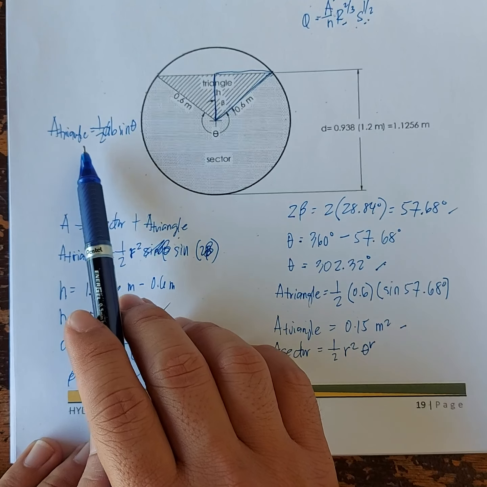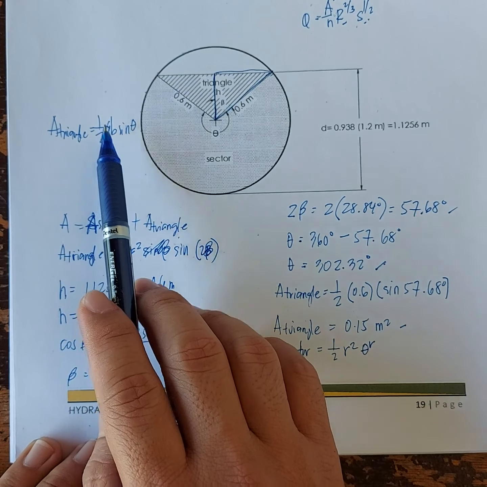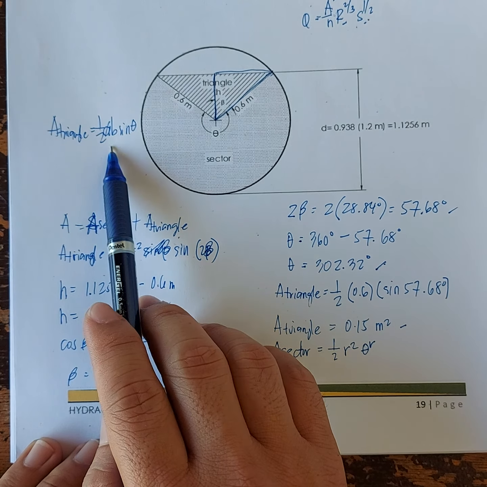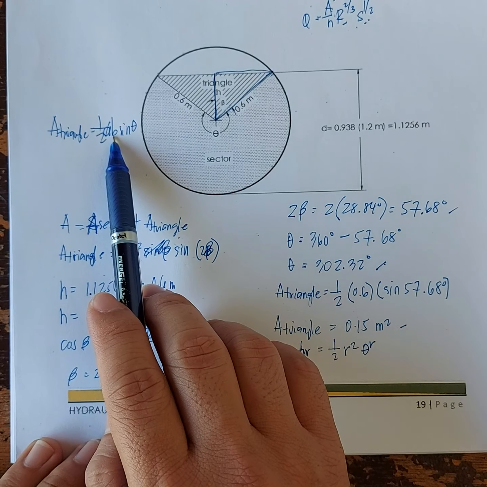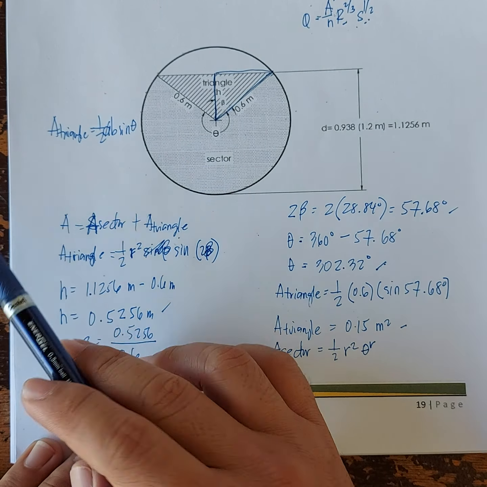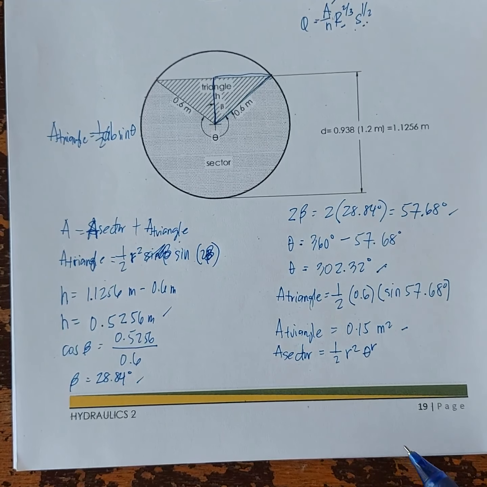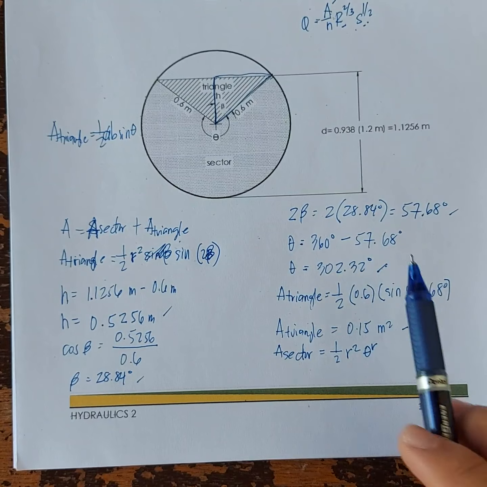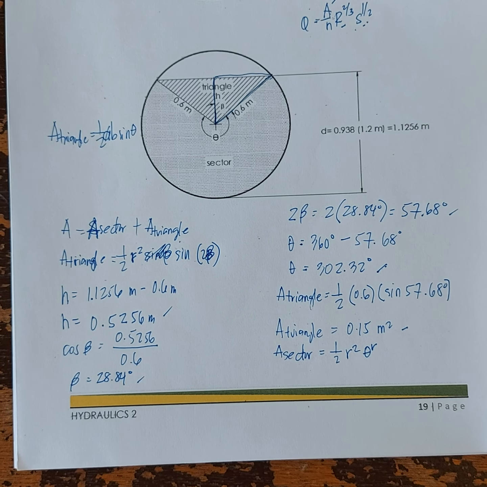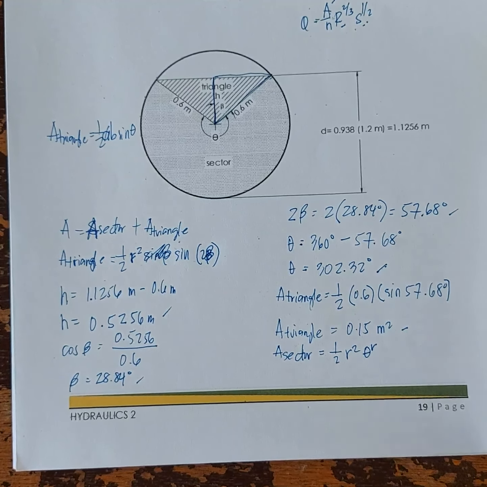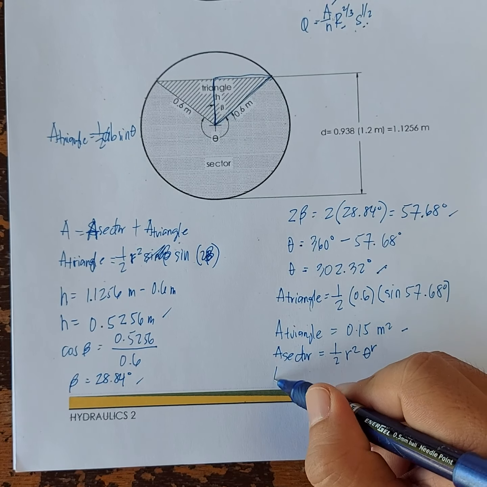So area ng triangle would be 1/2 r squared, since ang A natin is r, B natin is r, so it will give us r squared. So 1/2 r squared sine of the included angle, which is 57.68 degrees.